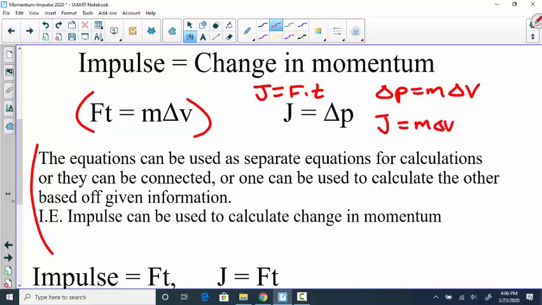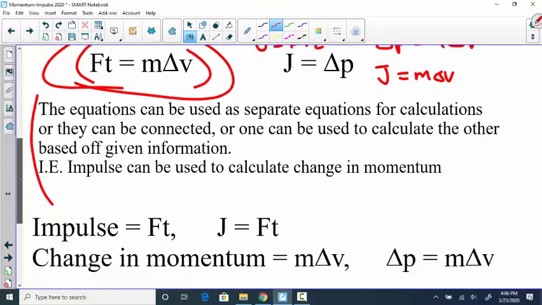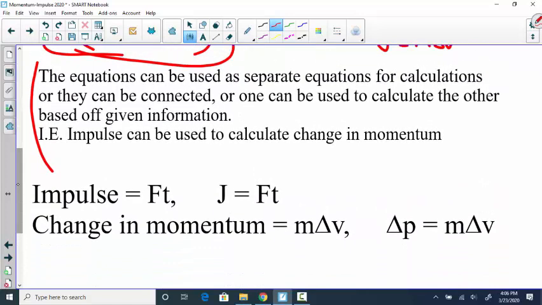They're all related. So this right here is one of the key things that we need to keep in mind. That is probably the heart of this particular chapter, this impulse idea right here.